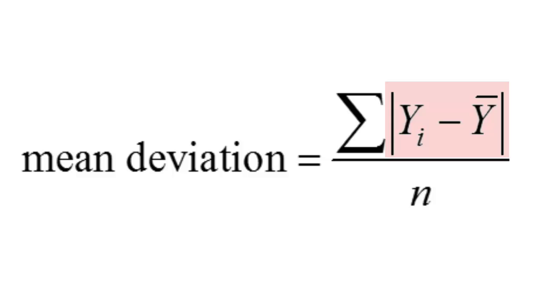Notice that unlike the interquartile range, which is centered around the median, this measure is centered around the mean. And we're going to calculate this deviation for every observation in our data set until we run out of observations, and then we're going to add up all those deviations.